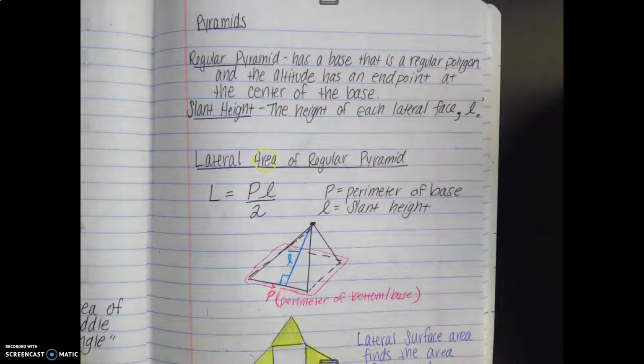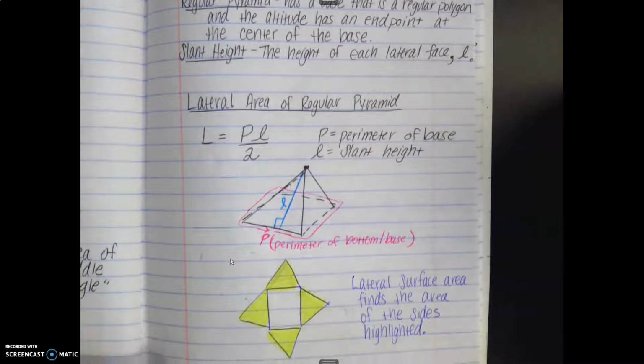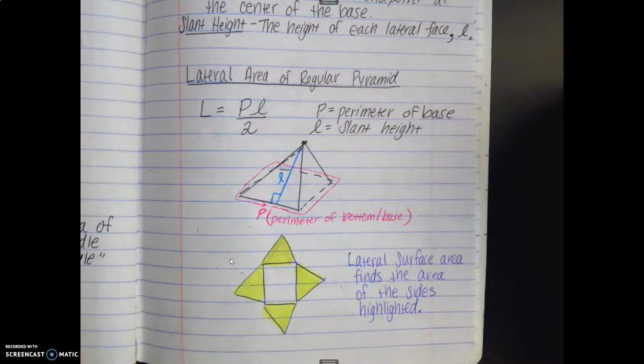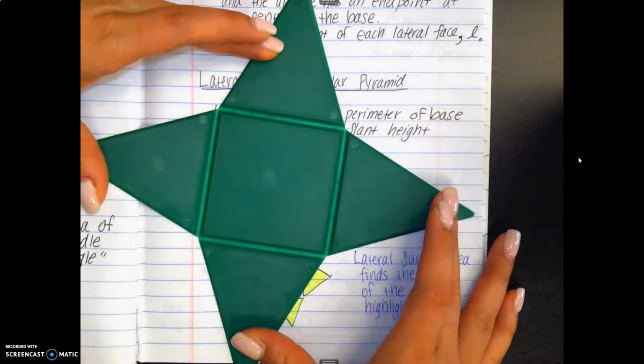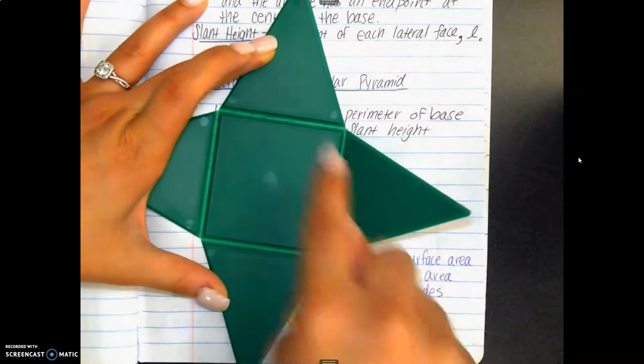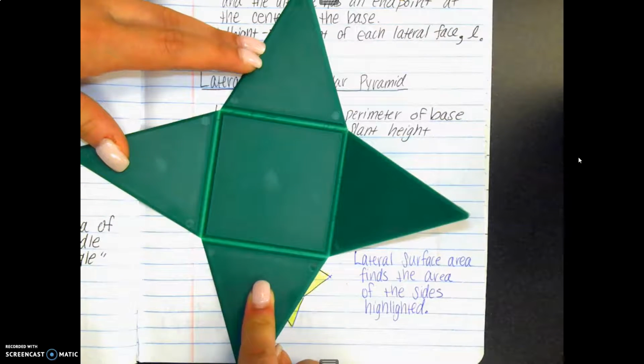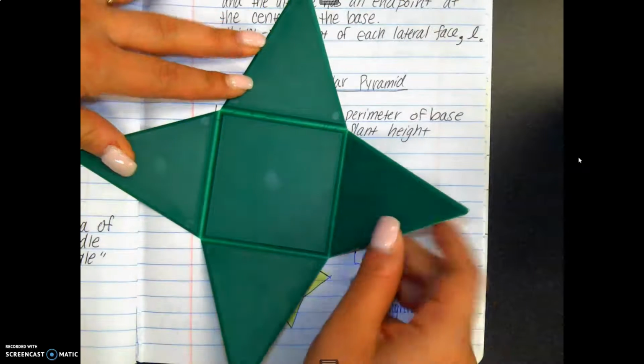There's a formula for lateral area. If you don't know what lateral means, it means sides. So if we just want the lateral area, I'm going to scroll up, and you will see that I drew the net for you. Remember when we drew the nets this past week? I have one right here as well. If I open up my square pyramid, my lateral area is just going to be the area of those four triangles, not the square in the middle.